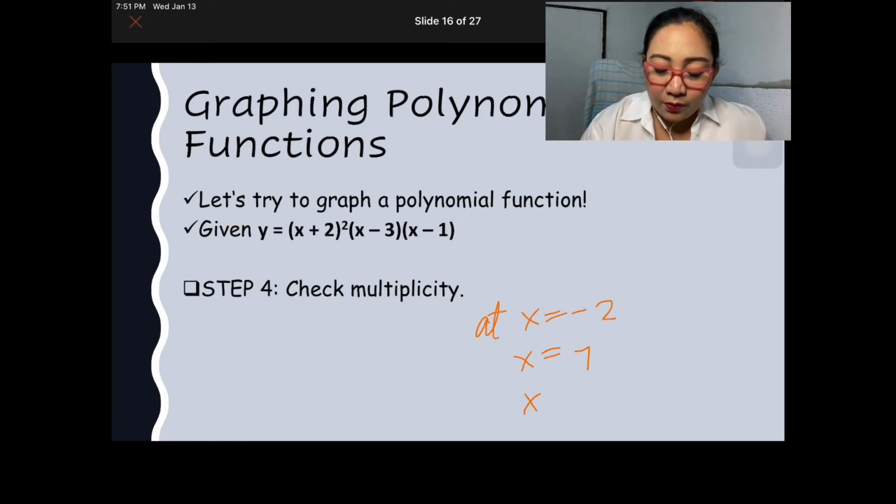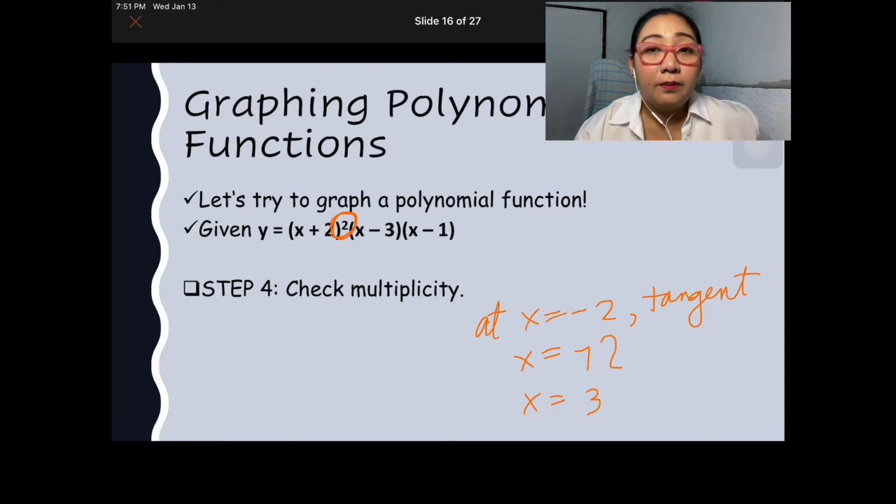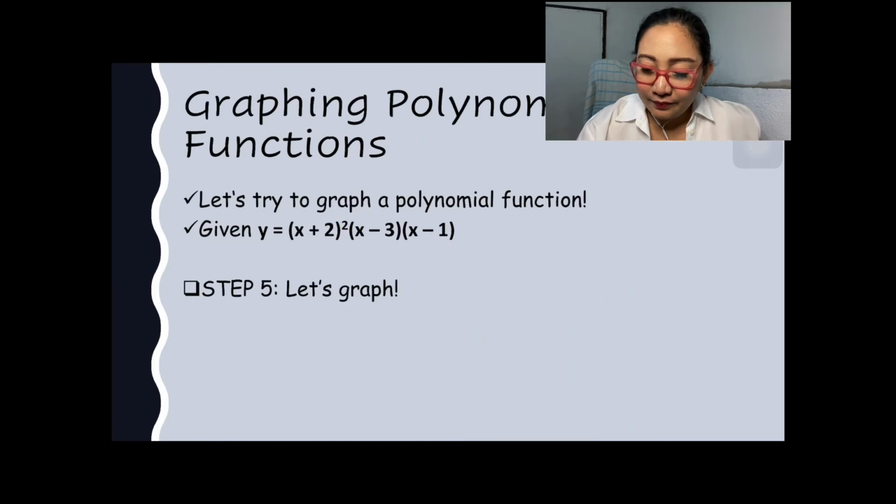So, kung mapapansin po natin, ang may even exponent lang dyan ay si negative 2. So, that means magta-tangent siya sa negative 2. Tapos, at positive 1 and at positive 3, it will cross the x-axis. So now, meron na tayong idea kung ano na itsura ng ating graph. So let's try and graph.